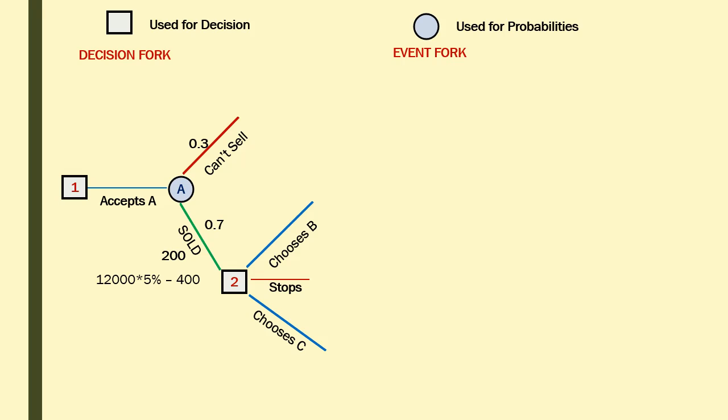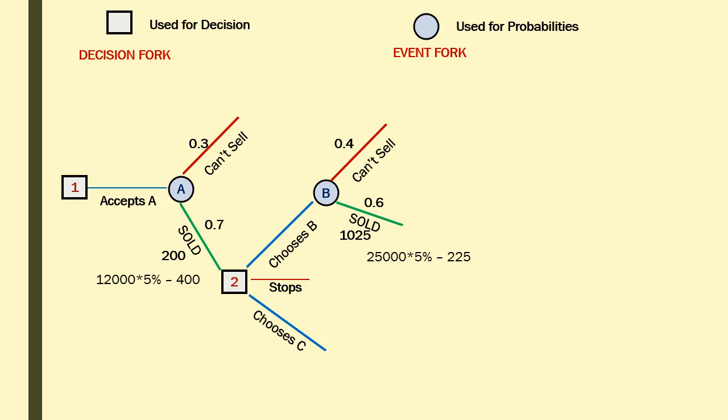If he chooses to sell property B, he has 2 possibilities. He can't sell the property, which has the probability 0.4, and for the remaining probability he may sell the property. The profit he gets if he sells the property is 1025 rupees. The calculation is shown, with 5% commission and selling cost.